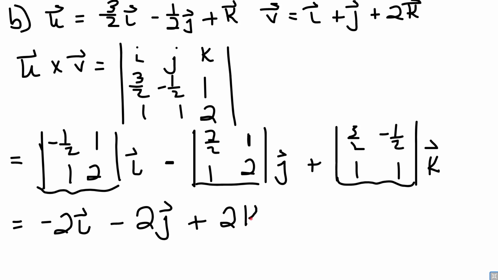Yes, 2k. So 2 in the k direction. All right. So did everyone come up with this for the vector? Excellent.